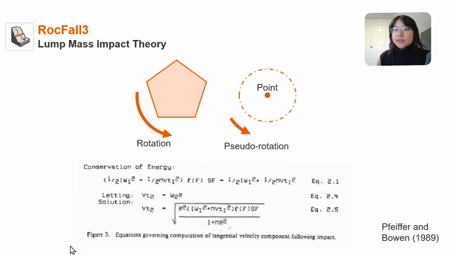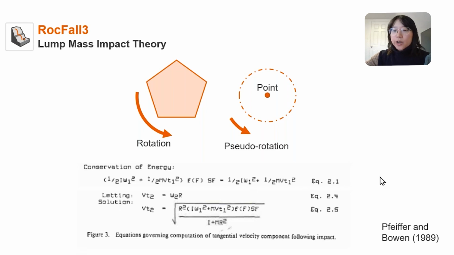The lump mass impact theory also accounts for rotation, but we have to make some assumptions. We know that rocks with shape can rotate, but in the lump mass theory, rocks are modeled as points without shape and without moment arms, so they cannot practically rotate.